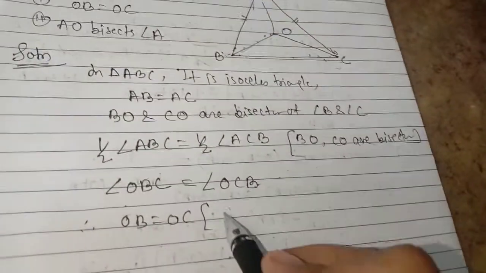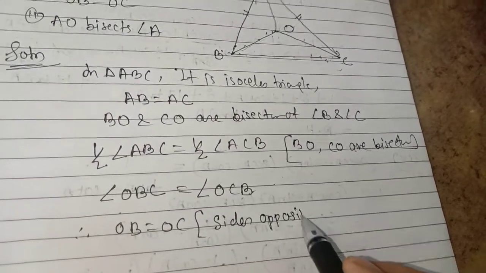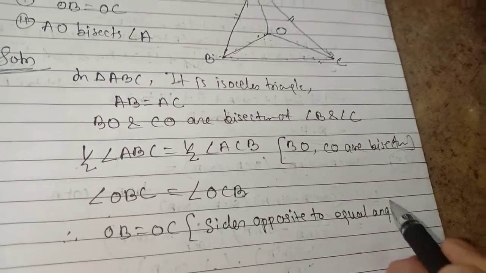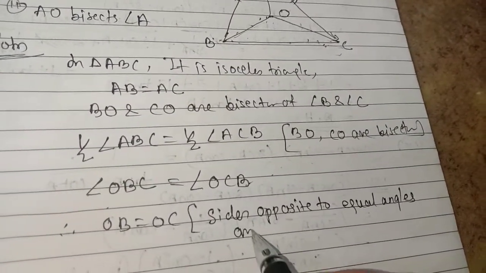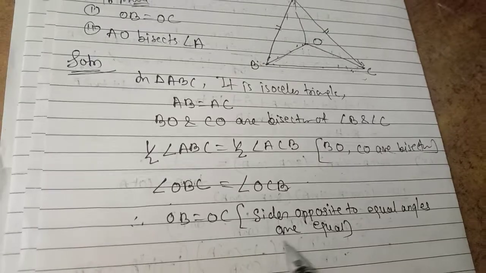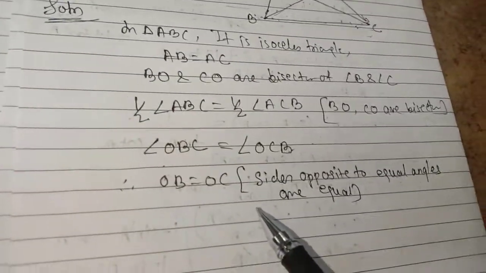Write here the reason: sides opposite to equal angles are equal. So we got the sufficient reason to prove OB is equal to OC.